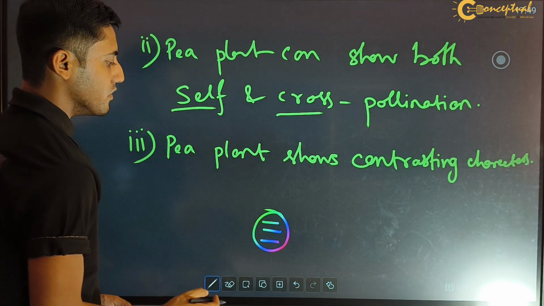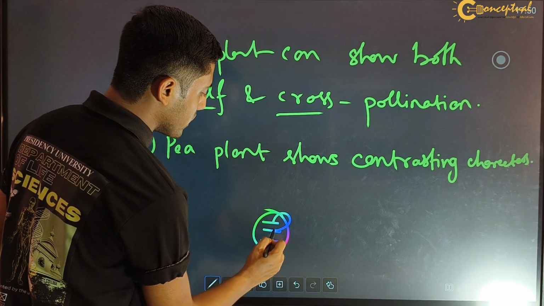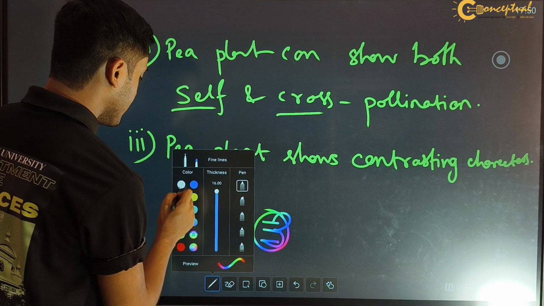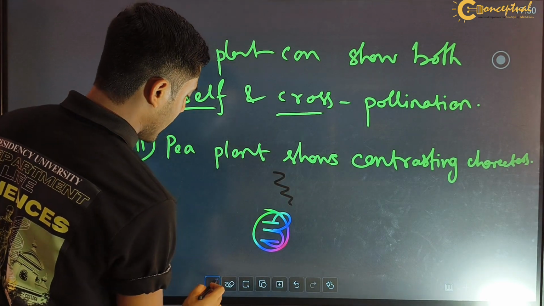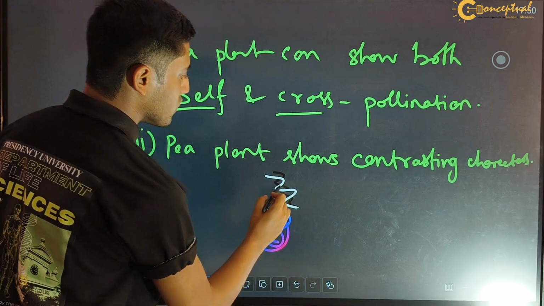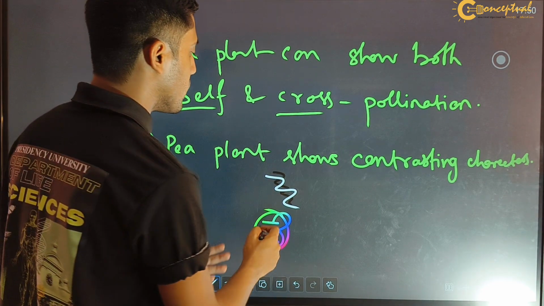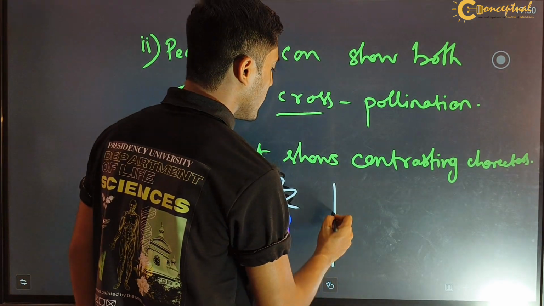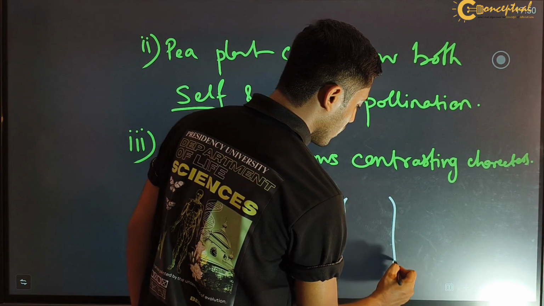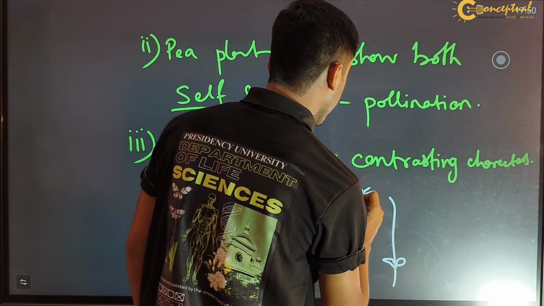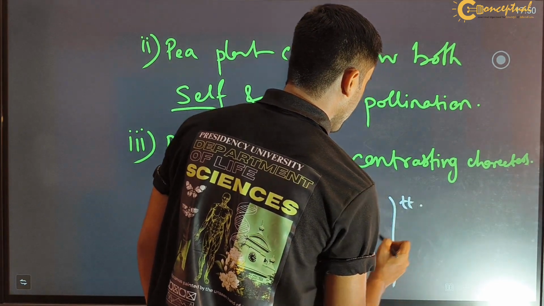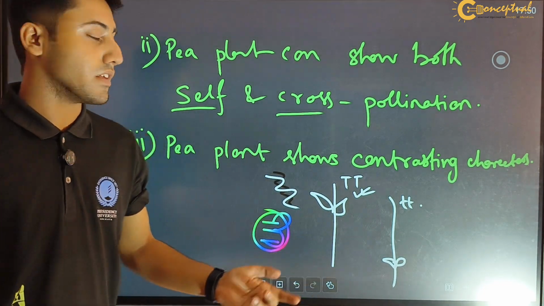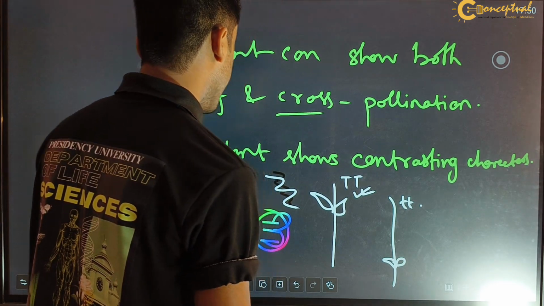So there might be some individuals who would not be able to differentiate between all these colors. But if you give them, say for example, black and white, they will clearly be able to distinguish between these two colors, because these colors are contrasting and there is no medium in between. It is either tall or short. So you can easily differentiate that this is a tall plant and this is a short plant. So there is no in between or intermediate. So pea plant always shows contrasting characters. This was another upper hand of Mendel, because he chose this plant for his study.